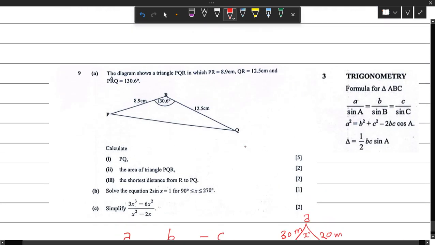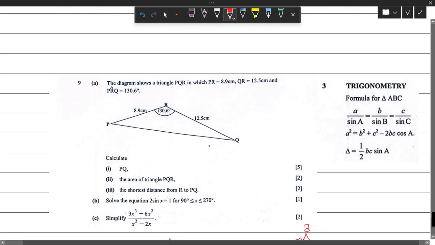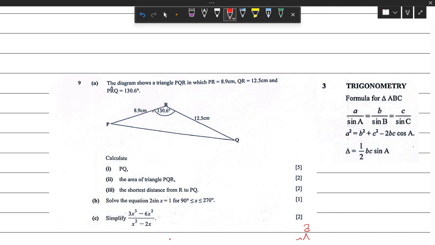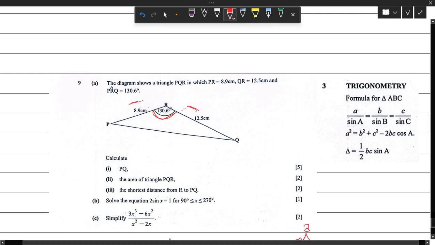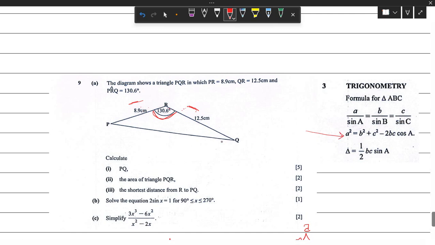A best example is this one here. You have an angle here, and when you look at this angle, you see the opposite sides, this and this. If the two sides are given, don't even waste your time. You know that you're using what? Cosine rule, directly.